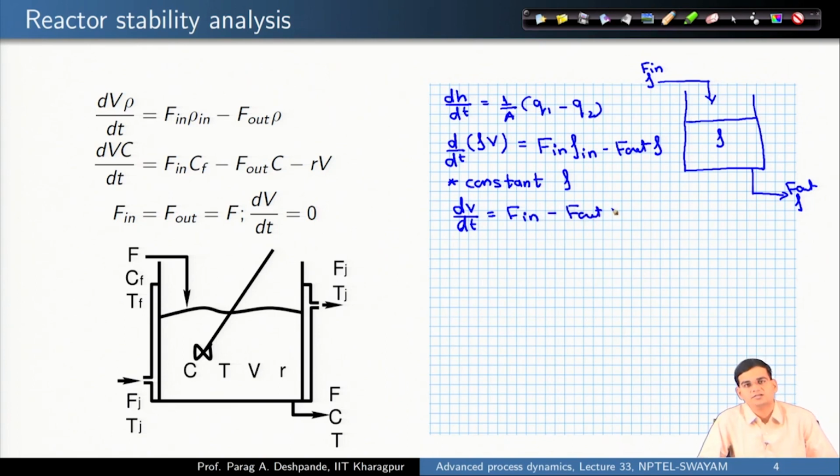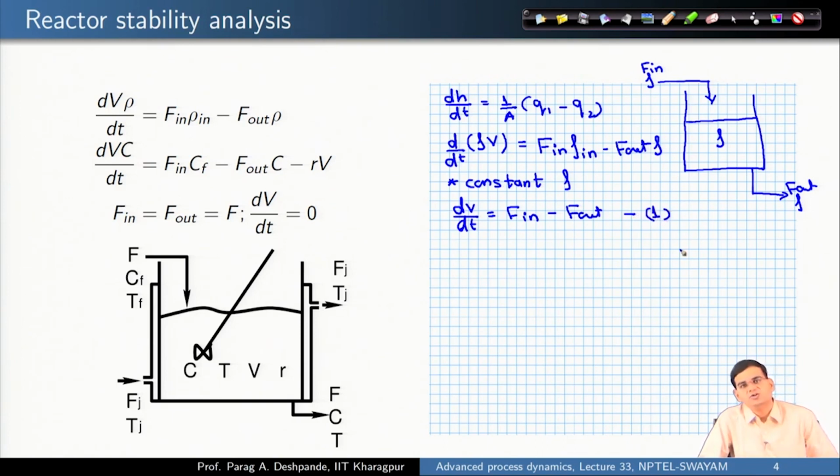The first thing you will see is that in your original equations there were no densities, and now we have gotten rid of density because we have assumed that it does not change. This is an approximation, and we must remember that we have made it. So, subsequent analysis would be true as long as this approximation holds true. Now, we have this first equation, which is d V by dt is equal to F in minus F out.